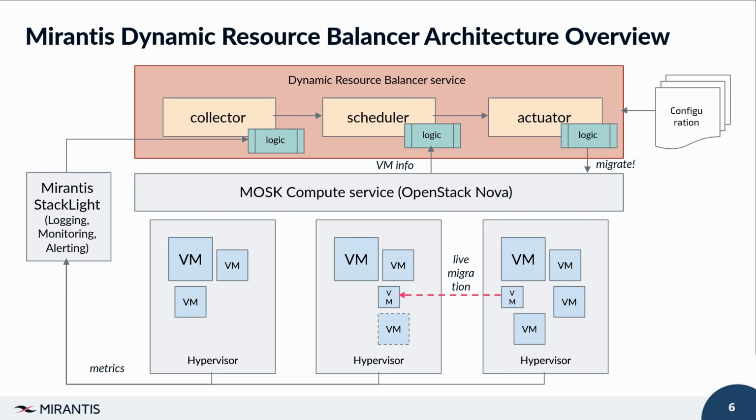So the collector does some data processing, like additional aggregations, grouping of the metrics, time slices, whatever data you need to make further decisions, right? And the decisions around whether or not the status of the cluster is balanced or close enough to the optimum, so to say, and if not, what needs to be done about it, are happening inside the scheduler service.